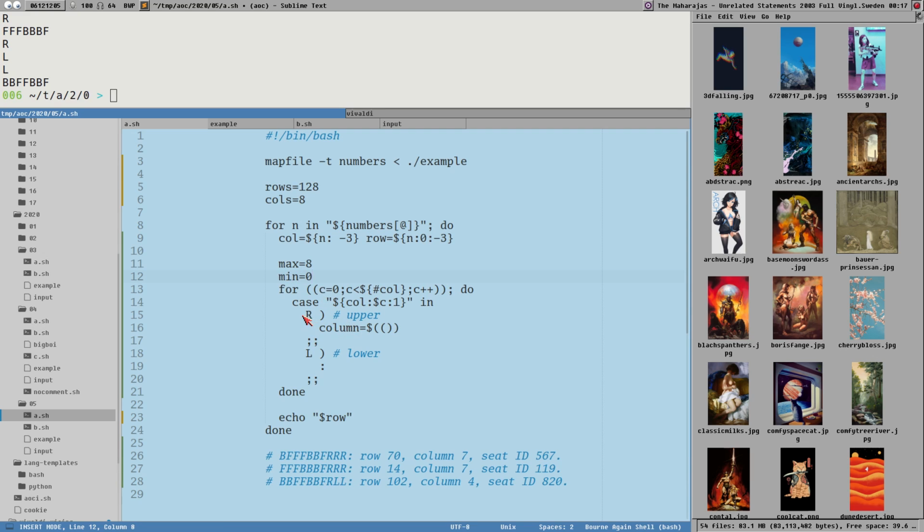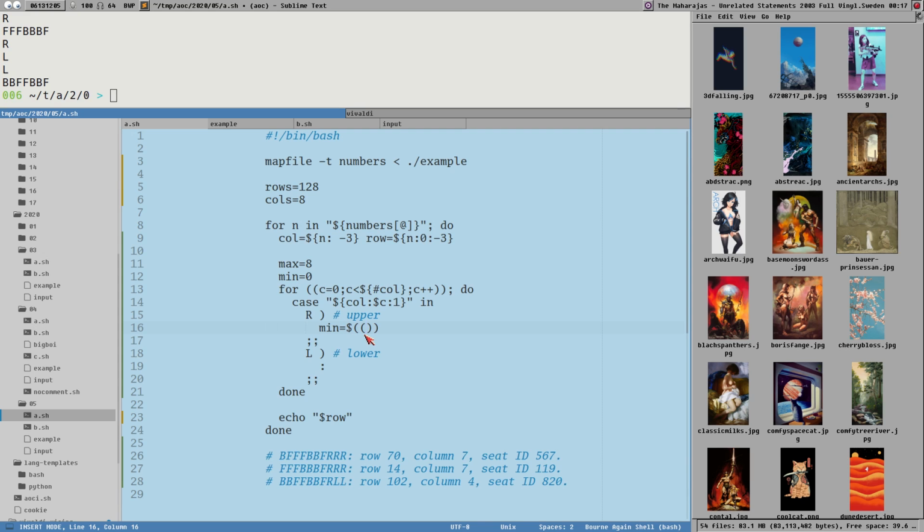So if it's in the upper half, then we move min, right? Min is equal to, then I'm not sure if it's like 4 or if it's 5, but I guess 4, right?